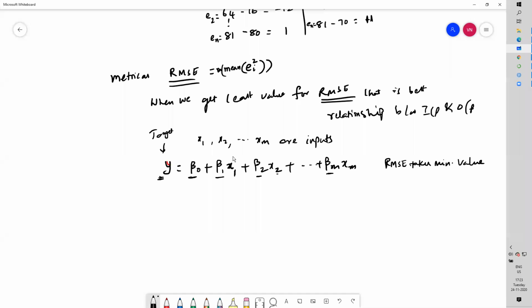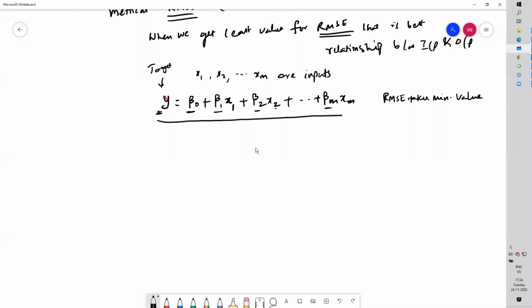So how can we find out these values? That's a tough question, right? This is where we introduce other concepts of mathematics. Let's say I am going to write this as y hat, y minus y hat. What is y minus y hat? Error.